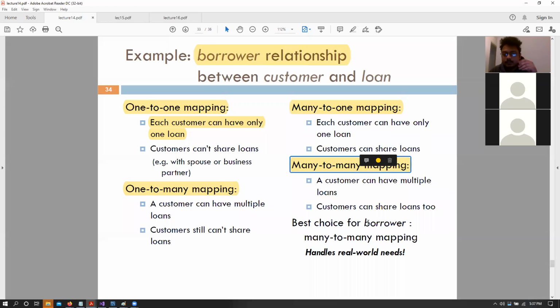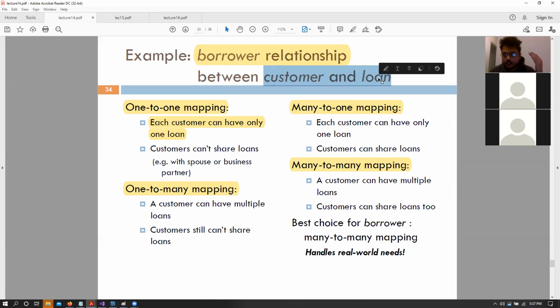Okay, and then we have the generic many-to-many mapping, that is a customer can have multiple loans and customers can also share loans. That would be the generic case if we are building something like a database for a customer and loan relationship, right? But again, different situations require different things.